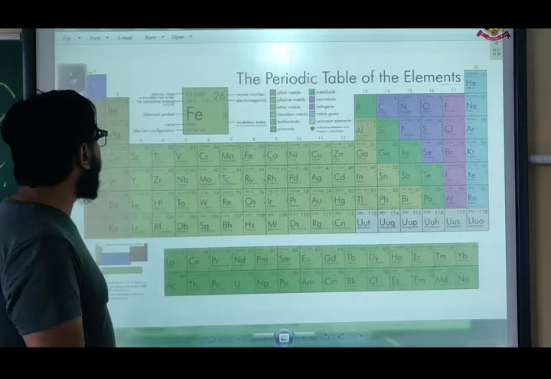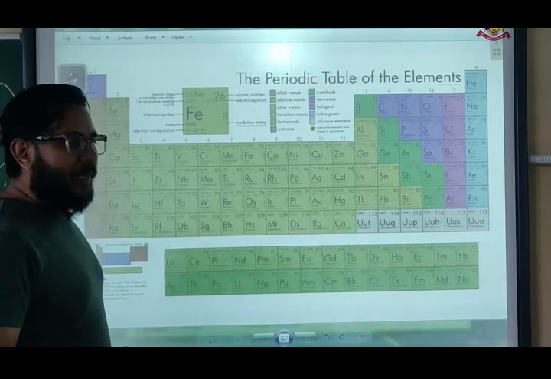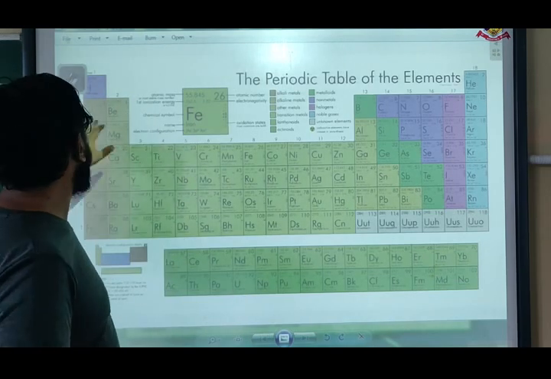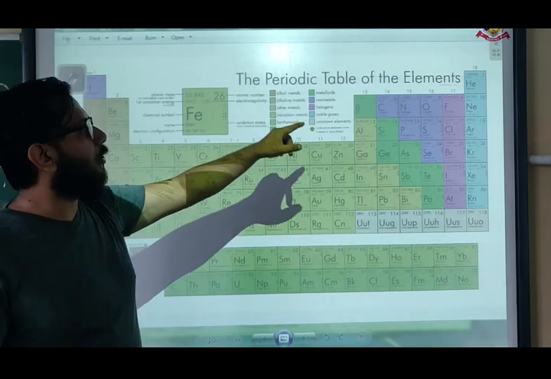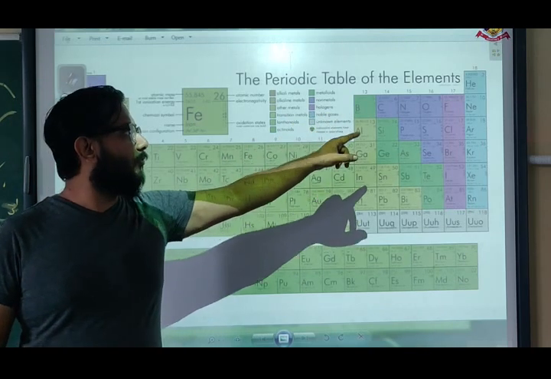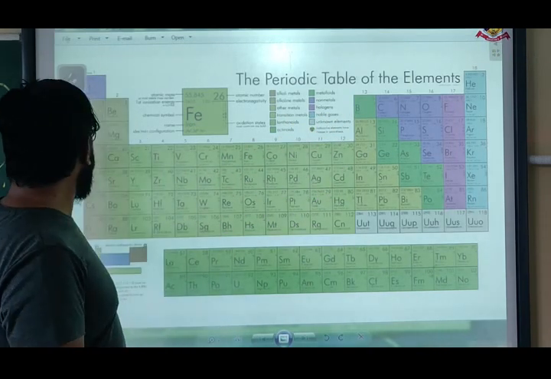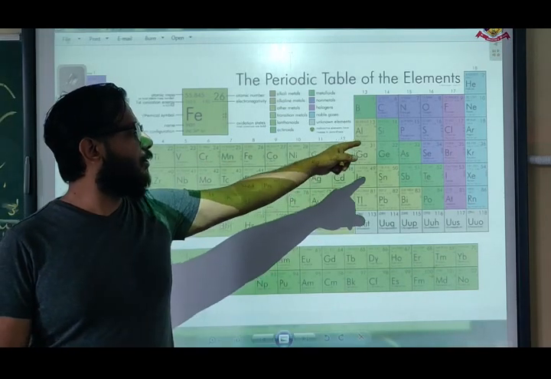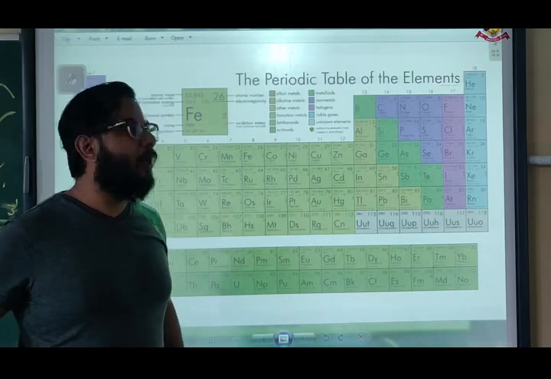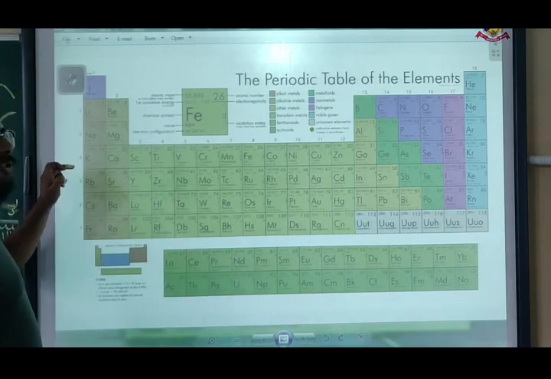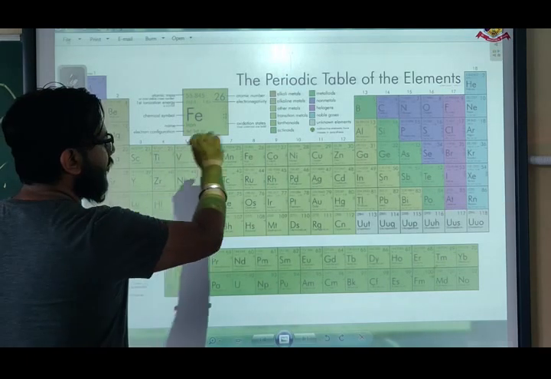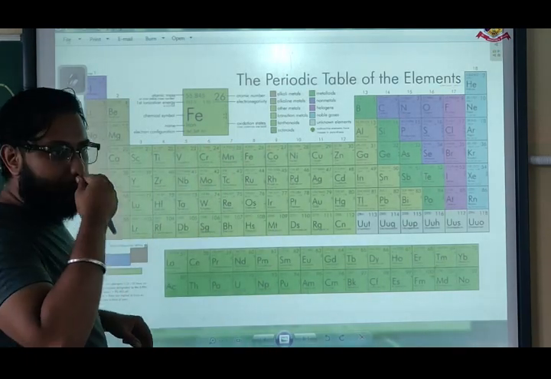You need to remember 20 elements, up to calcium. It starts from hydrogen, helium, lithium, beryllium, boron, carbon, nitrogen, oxygen, fluorine, neon, sodium, magnesium, aluminium, silicon, phosphorus, sulfur, chlorine, argon, potassium and calcium. So these are the 20 elements that you need to remember.